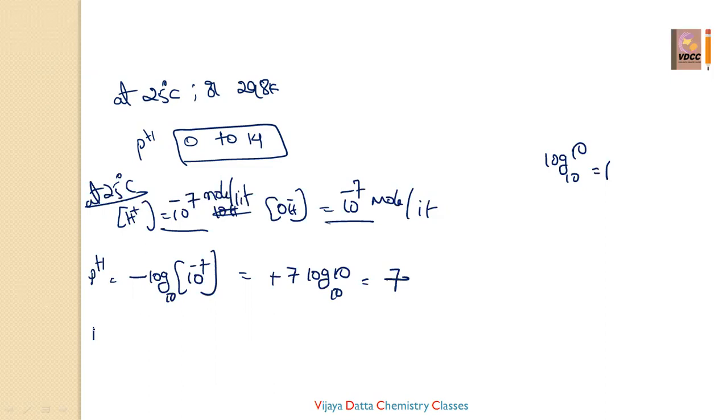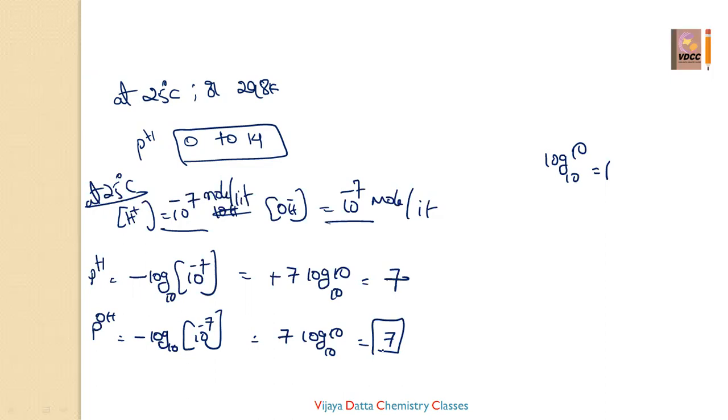Now pOH I want. pOH is also the same, since the OH minus concentration is also 10 to the power of minus 7, so it is also 7 log 10 base 10, which equals 7. So pH belongs to acids, pOH belongs to bases. At 25 degrees Celsius, the neutral solution's value will be 7.